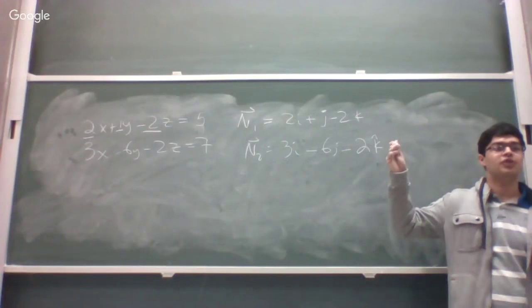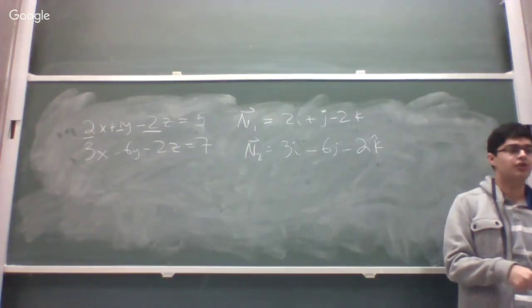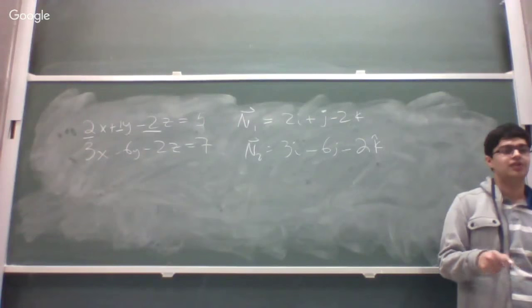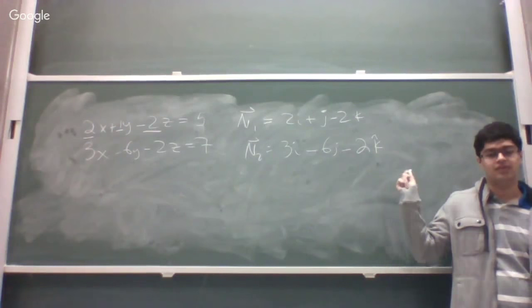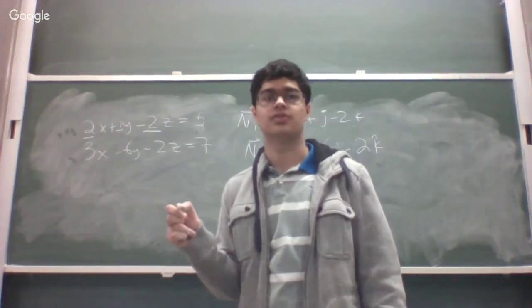If we find what's perpendicular to the normal vectors, we go back to the original planes, and the line that we get will be parallel to the line of intersection.